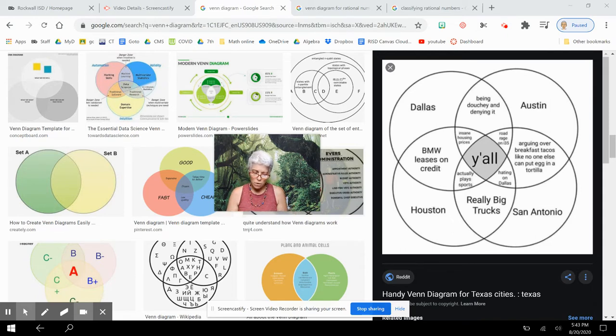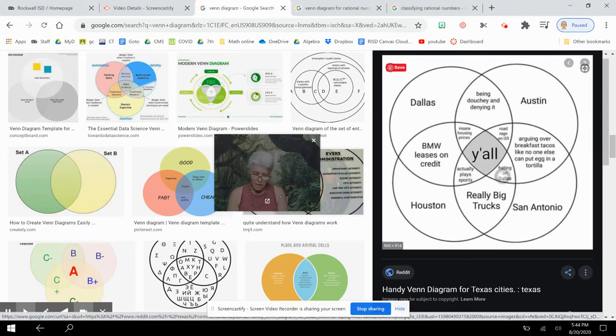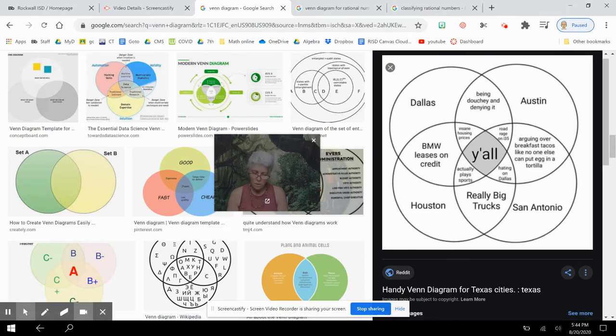For example, I thought this one was interesting where it says hating on Dallas. It is in the circle of San Antonio, so I guess they're hating on us all the time. It's also in the circle of Houston and Austin, so apparently all three big cities are hating on us.